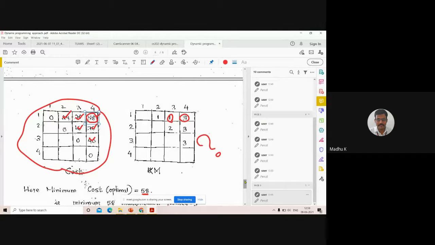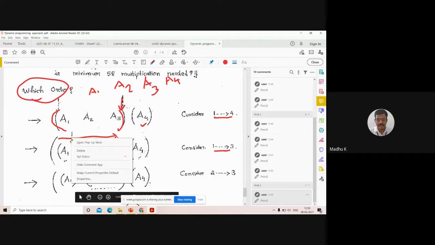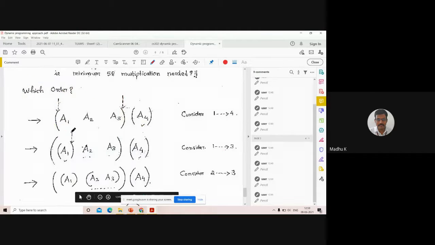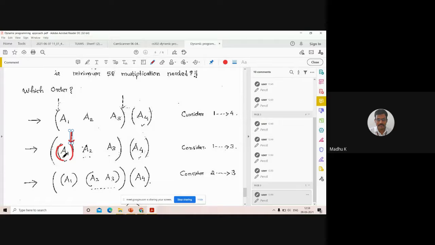So we will put a parenthesis here. Now only one element remains, so the parenthesis order will come in this way.